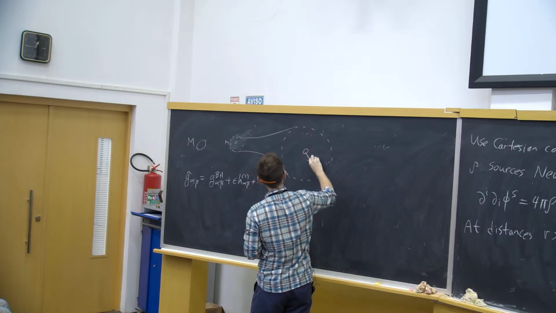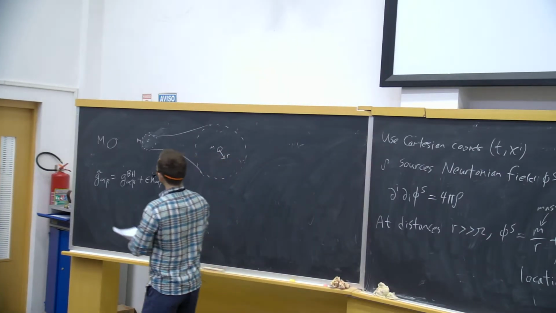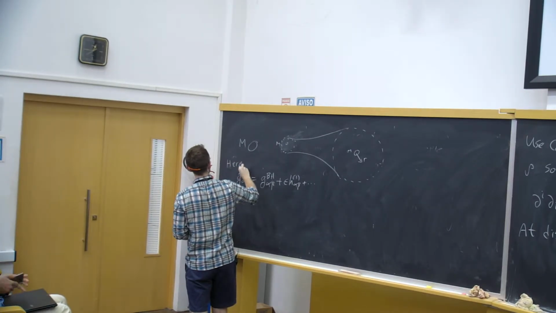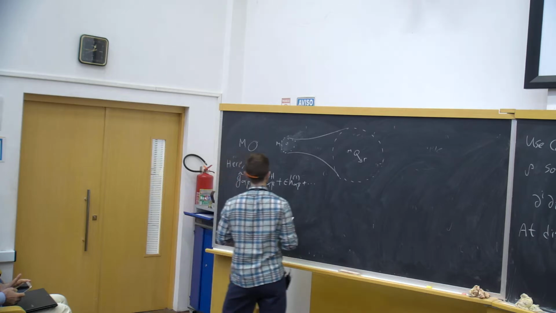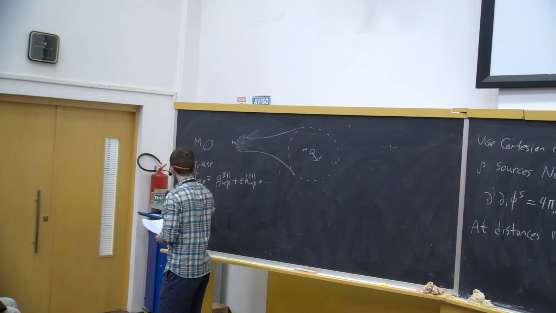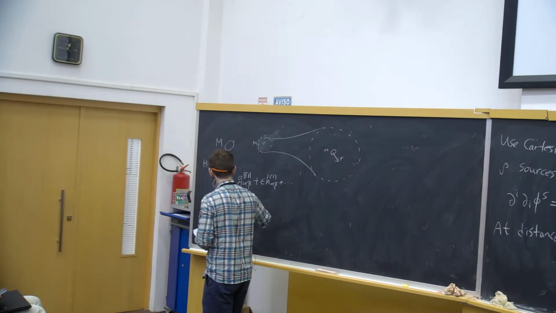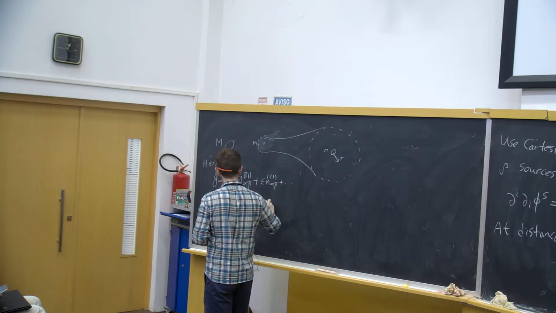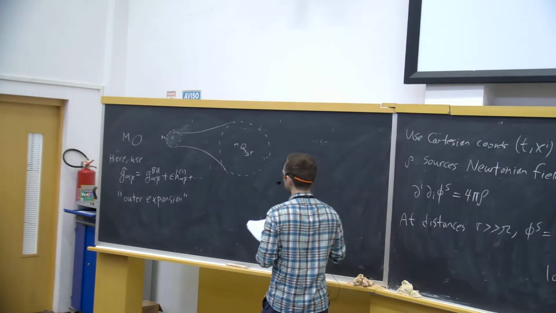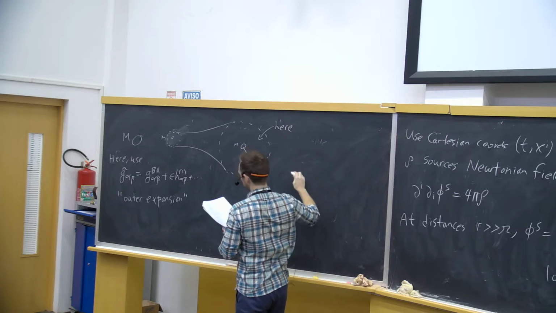And we'll have r being the distance from this small object again. So out here, in most of the space-time, we use an expansion of the form that I already showed. I'll call this the outer expansion. Then in here, use a different expansion.